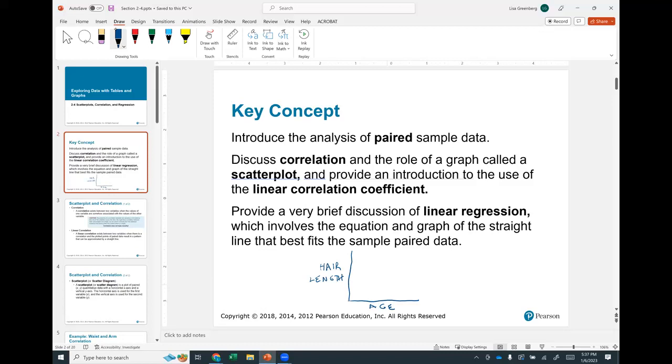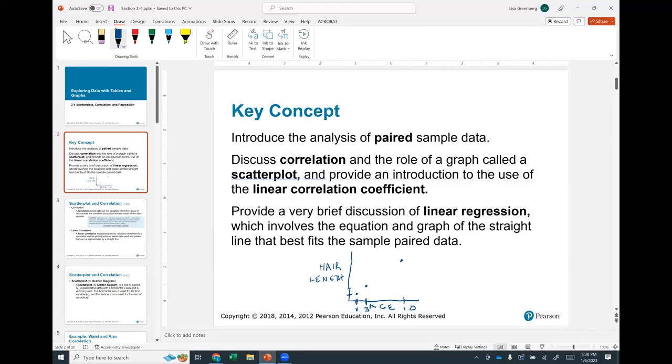So let's say when kids are really little, like less than 1, their hair is really short, right? Because it's still growing. So let's put a dot there. And then maybe they become 3, we haven't cut their hair, so it's growing a little more, and so on and so on. By the time they're 10, their hair is long, right?